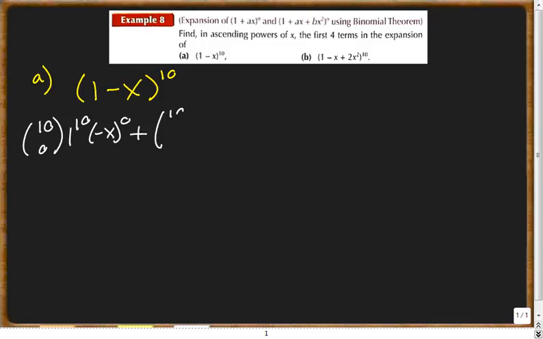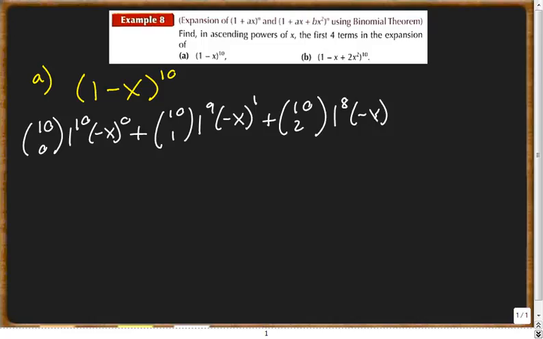And then we have 10 choose 1, times 1 to the 9th, times negative x to the 1st. And then we have 10 choose 2, times 1 to the 8th, times negative x squared. And then we have 10 choose 3, 1 to the 7th, negative x cubed. And so we have that built out in that pattern.